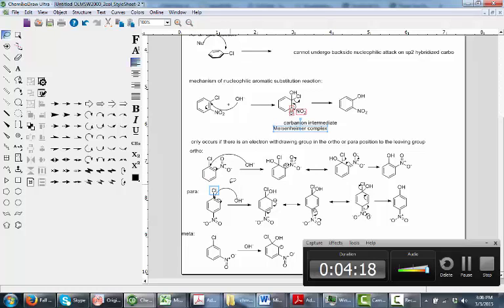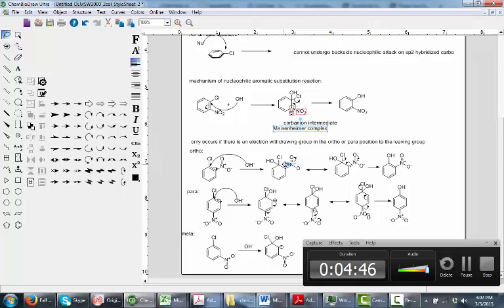Here I've shown the ortho substitution reaction: the OH minus does nucleophilic attack on the carbon it's forming a bond to. The electrons in that double bond go and form an anion here. That anion, which results from the ortho attack of the hydroxyl, can be resonance stabilized by its proximity to the nitro group.